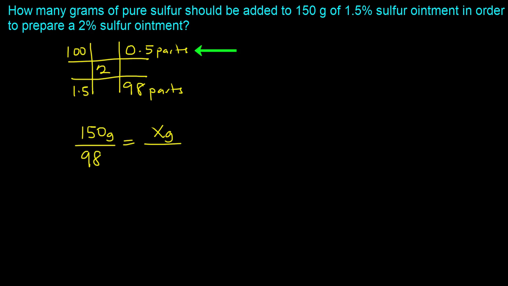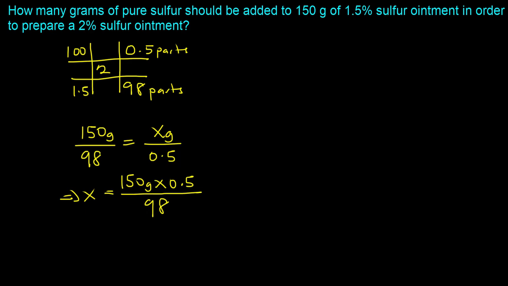And so that will be divided by 0.5. And so we can go ahead and solve for x. X is going to be equal to 150 grams times 0.5 divided by 98. And that gives us 0.77 grams.